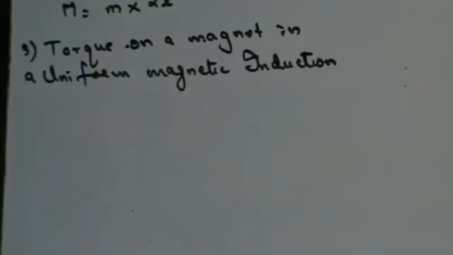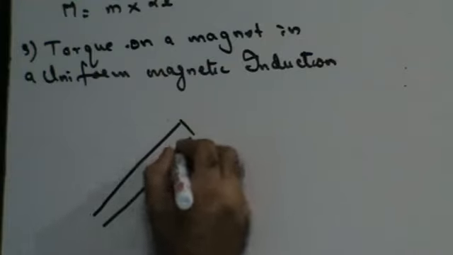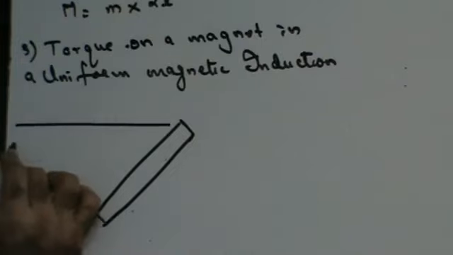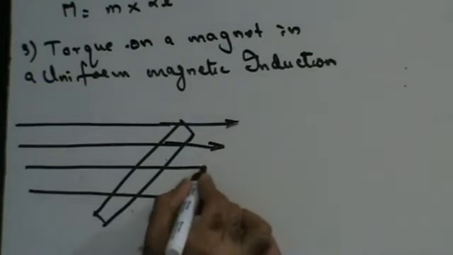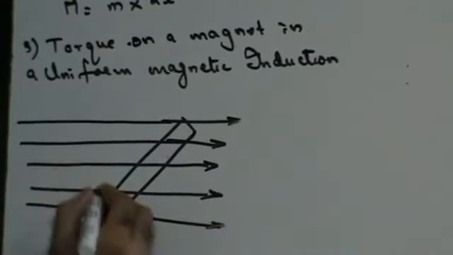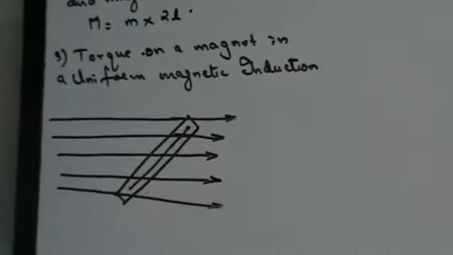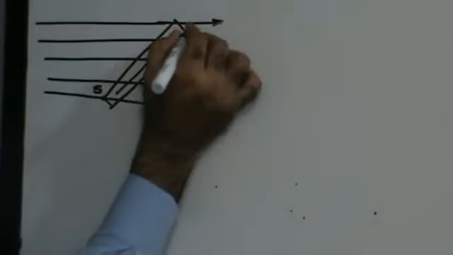Let's assume that you have a bar magnet which is obliquely placed in an external magnetic field. This is your external magnetic field. Let's assume that this is your magnetic length, where this is your south pole and this is the north pole.